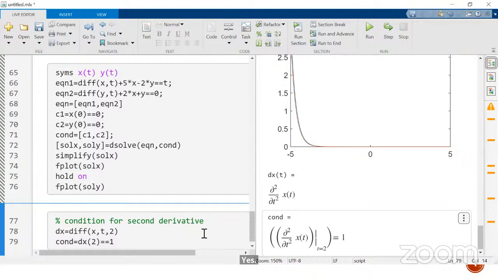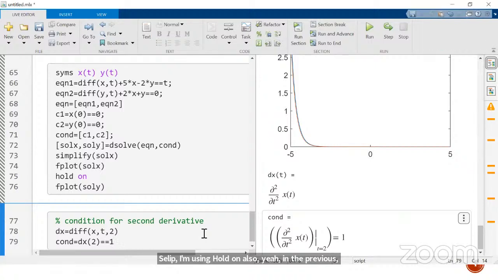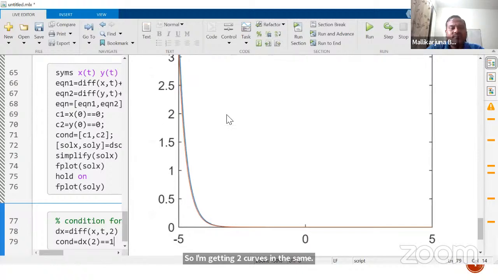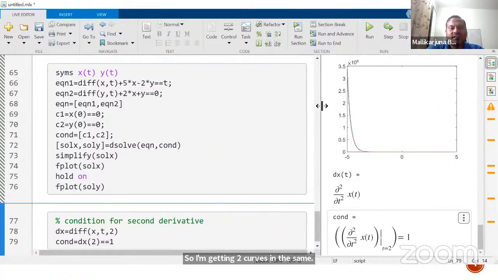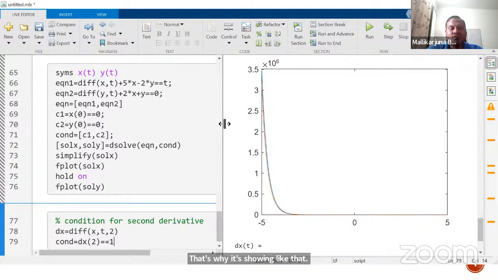Sir, if I'm using hold on also in the previous syntax, I'm getting the graph in the same graph. I'm getting two curves in the same graph. No. You do one thing. You just drag like this. You can see, because maybe yours is like this. That's why it's showing like that. Or maybe you can check the fplot of solution y or solution x, what you gave there. By mistake you may have given the same solution x and solution x, or solution y and solution y.